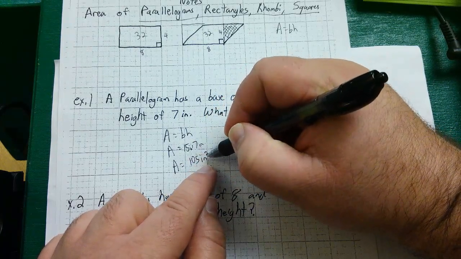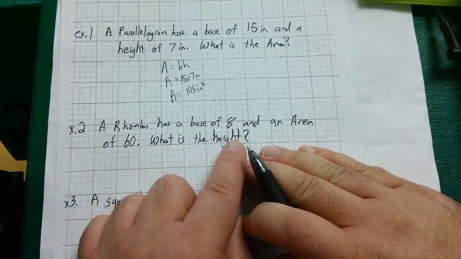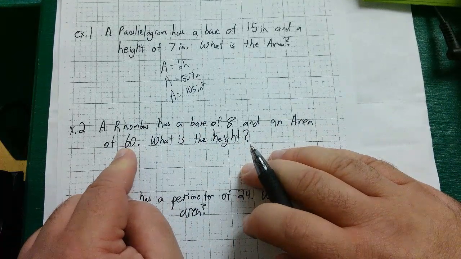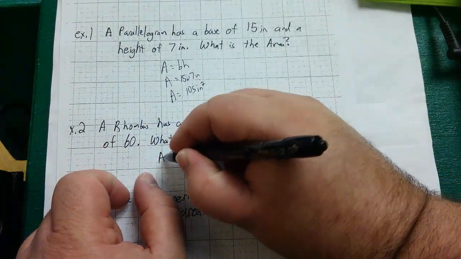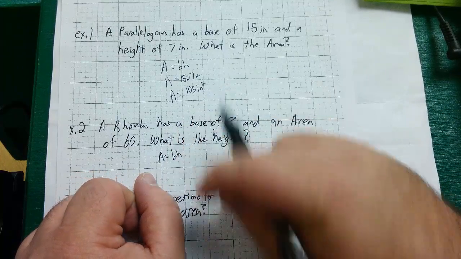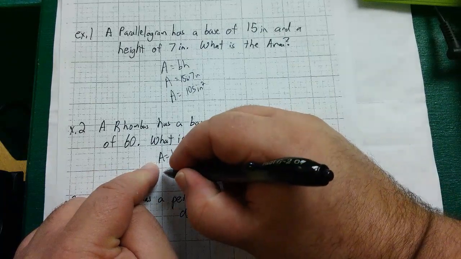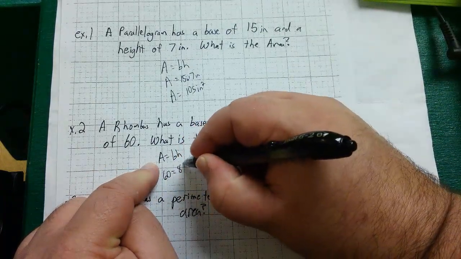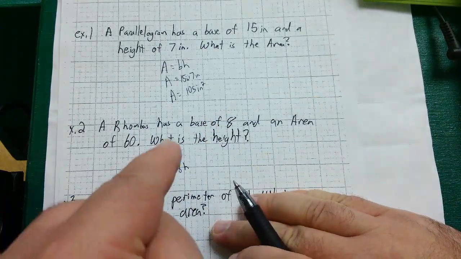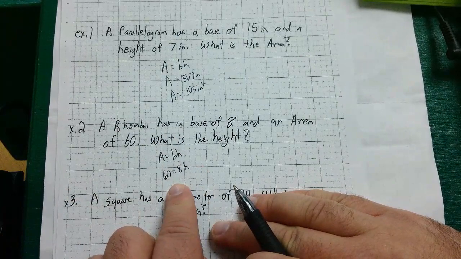Coming down to this one, a rhombus has a base of 8 and an area of 60. What is the height? We could draw a picture, but again, if you look at the formula and see if you have what you need, we know the area is 60 and the base is 8, and it's asking what the height is. We can totally solve that. We don't need a picture for this one.